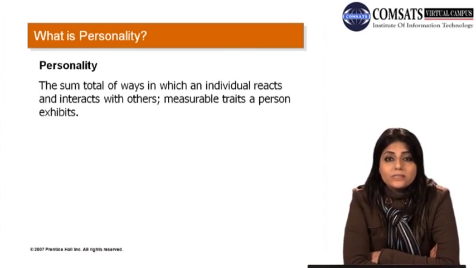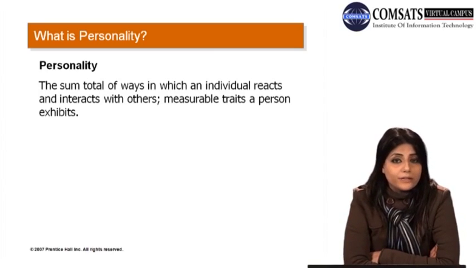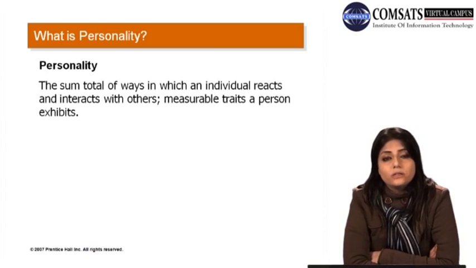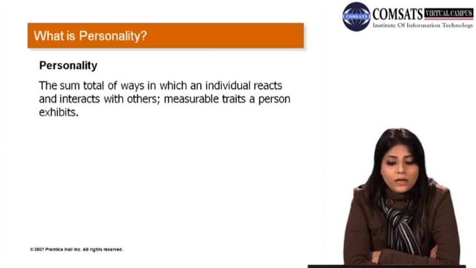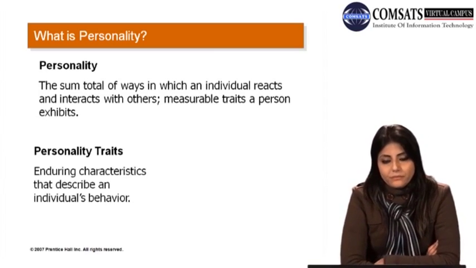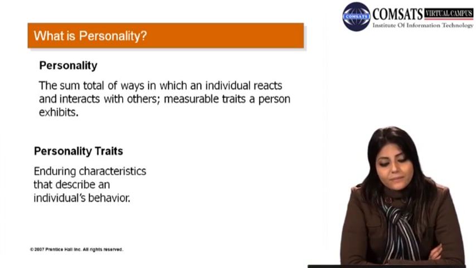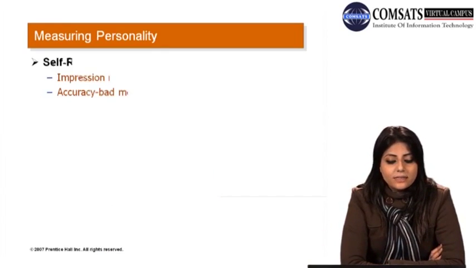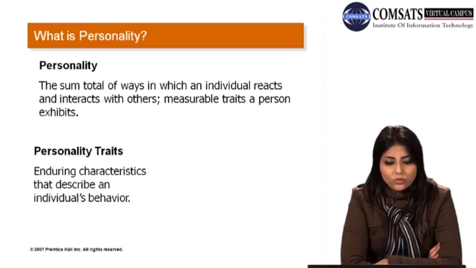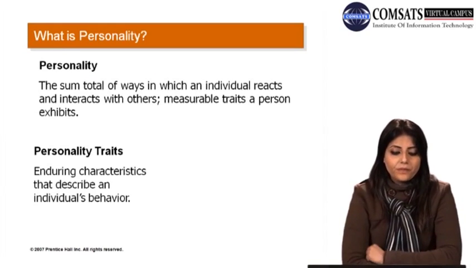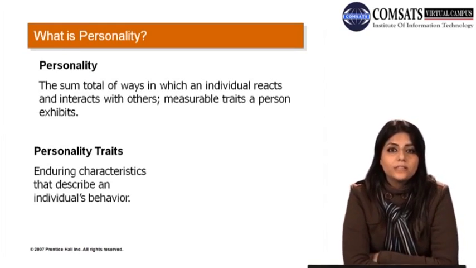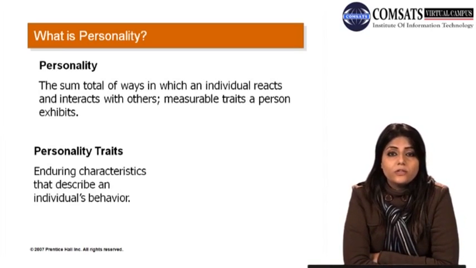It is in aggregation, it's not in individual parts, like a smiling or a sad face, right? The personality traits are basically enduring characteristics that describe an individual's behavior. So personality traits are those characteristics that define an individual's behavior.